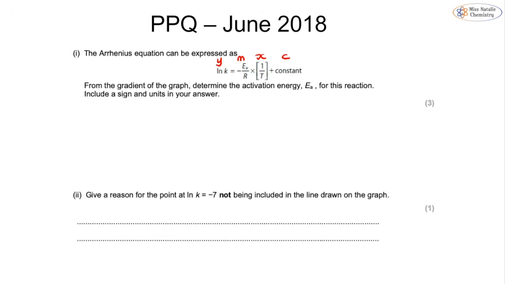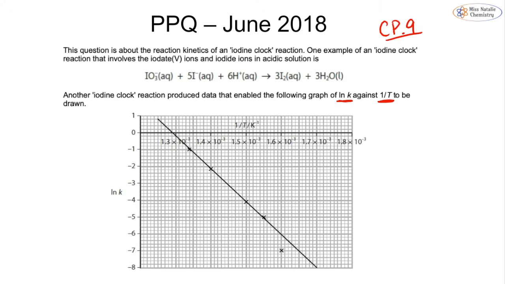From the gradient in the graph, determine the activation energy for this reaction. The first thing that we need to determine is what the gradient is. They are quite lenient here in making sure that you get the correct points. So you're probably going to want to use this point and that point because they are perfectly on the line.